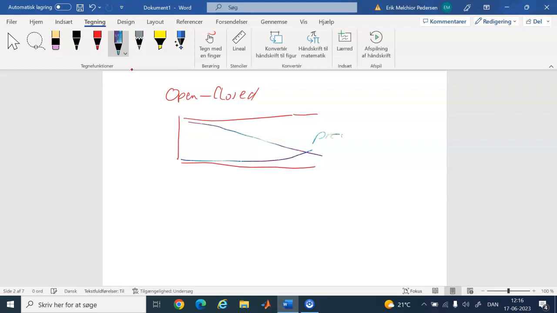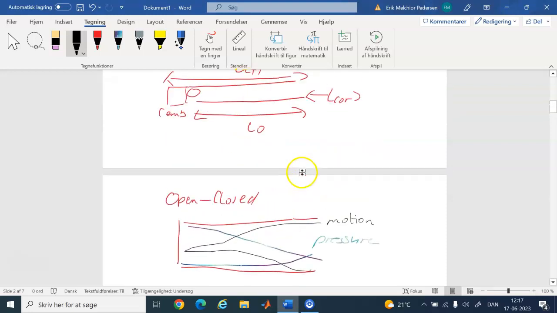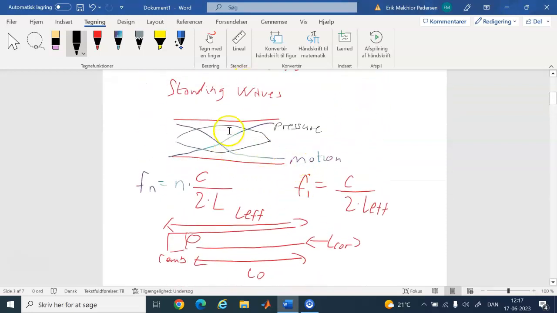And then the motion here. Just to say that this is a node for the pressure, and it's the same as an antinode for the motion.